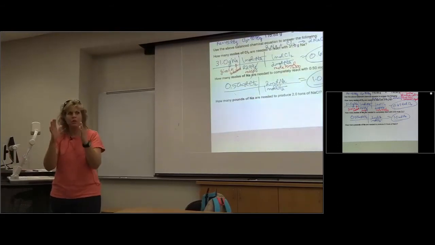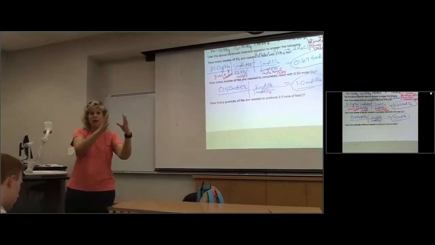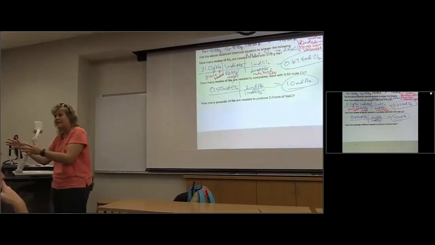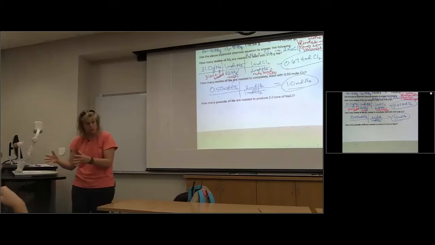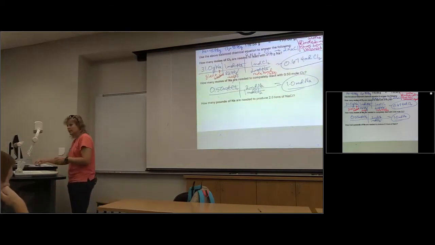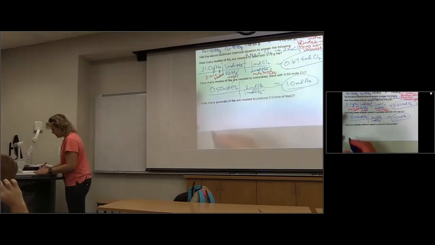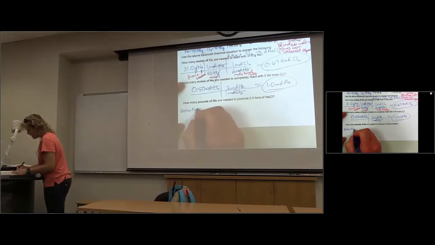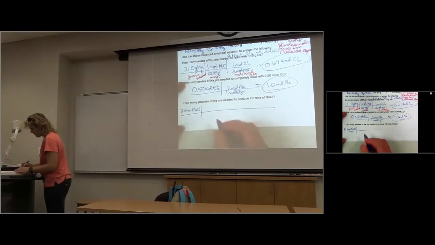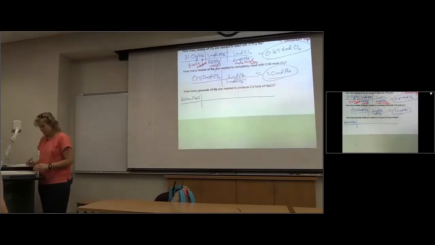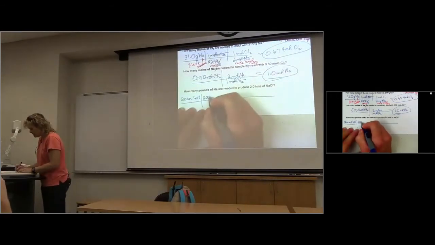So all I'm doing at this point is throwing in regular dimensional analysis in front of stoichiometry, and then at the end again, dimensional analysis. So try it right now. How many pounds are in a ton? Okay. So 2 tons of NaCl. What goes on top? So 2,000 pounds in 1 ton.